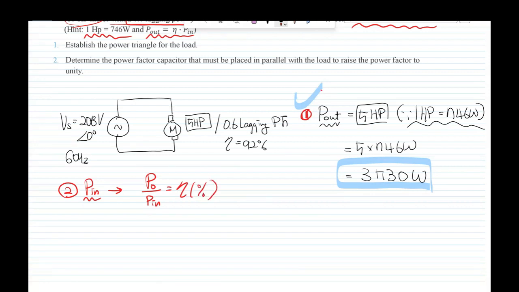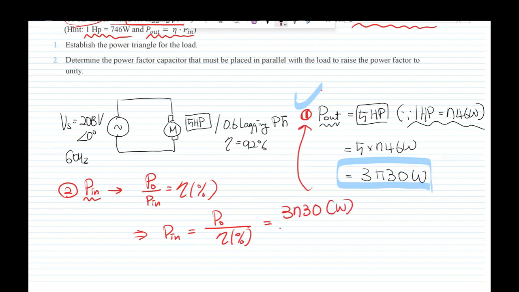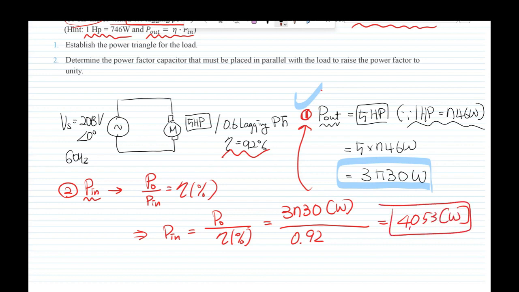So the input power is the output power divided by the efficiency. The output power from question 1 is 3,730 watts, divided by 92%. After removing the percentage, that is 0.92. After calculation, the input power is 4054.35 watts, the input power from the source.